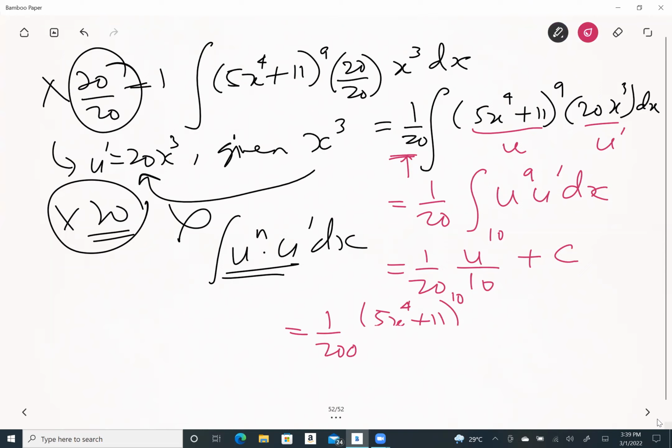So what you have is (5x to the power of 4 plus 11) to the power of 10 plus C. Is that clear? Anybody has a question? We can multiply by a ratio of the same constant so that you will have U prime.